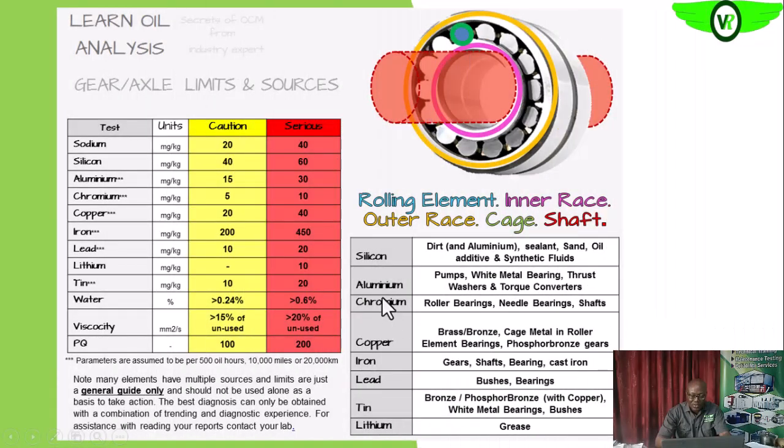Once you have aluminum in your lube oil, see the pump parts, the white metal bearing, thrust washers. So these are the parts that you will be suspecting are wearing. Then if it is a rolling element bearing, you have more of chromium, copper, the cage metal in a roller element bearing. Are you getting it?